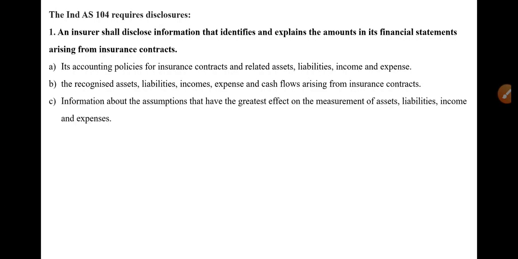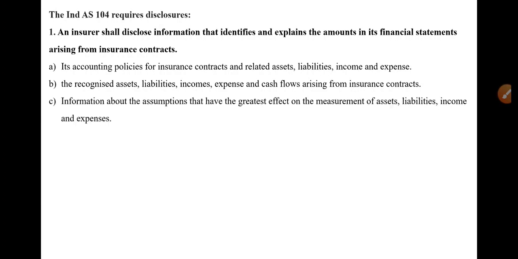And next, the information about the assumptions regarding what, which have the greatest effect on the measurement of assets, liabilities, incomes and expenses. So which have an effect on the assets, liabilities and incomes and expenses.